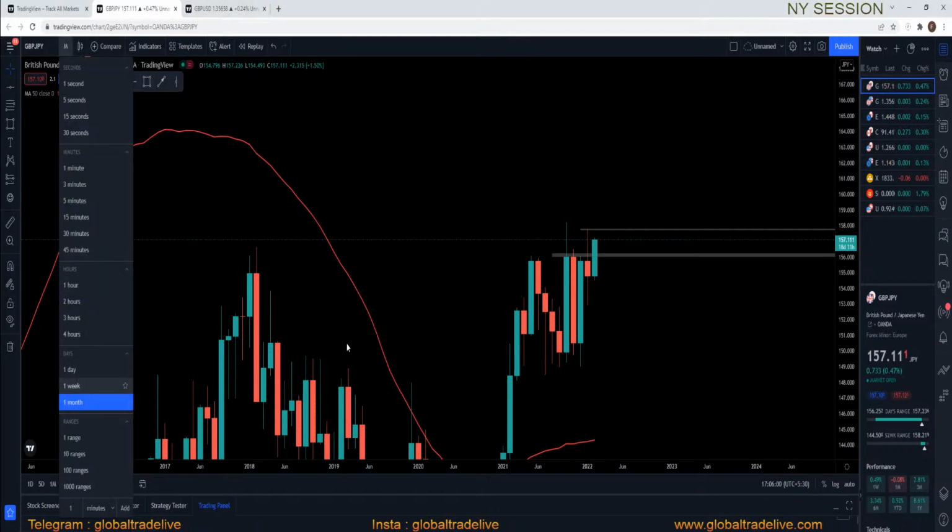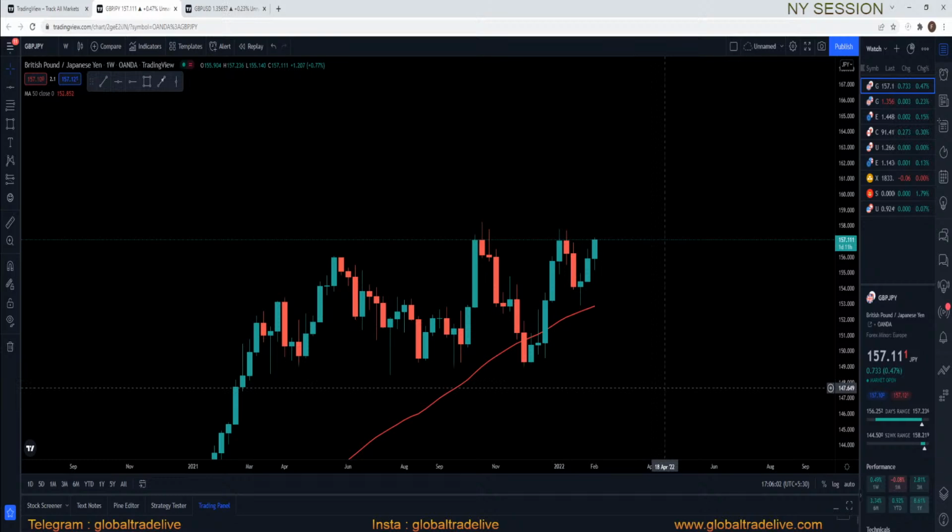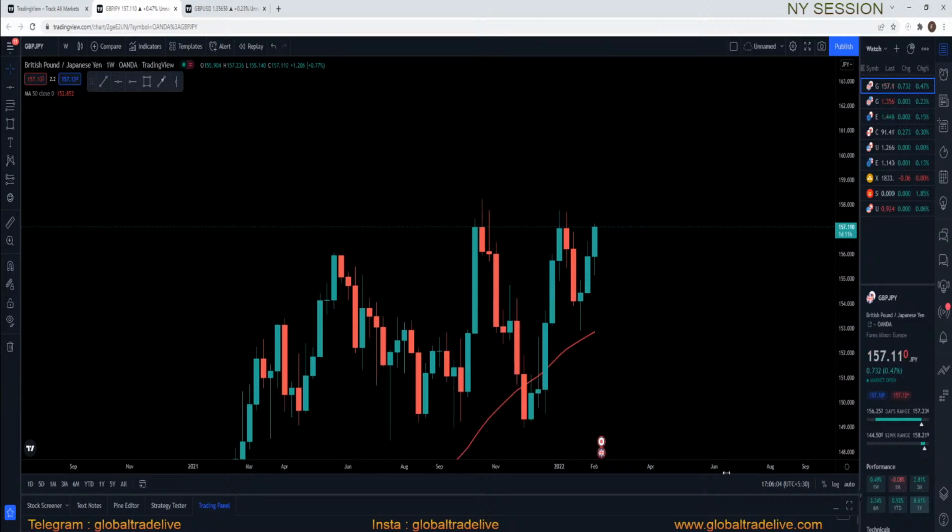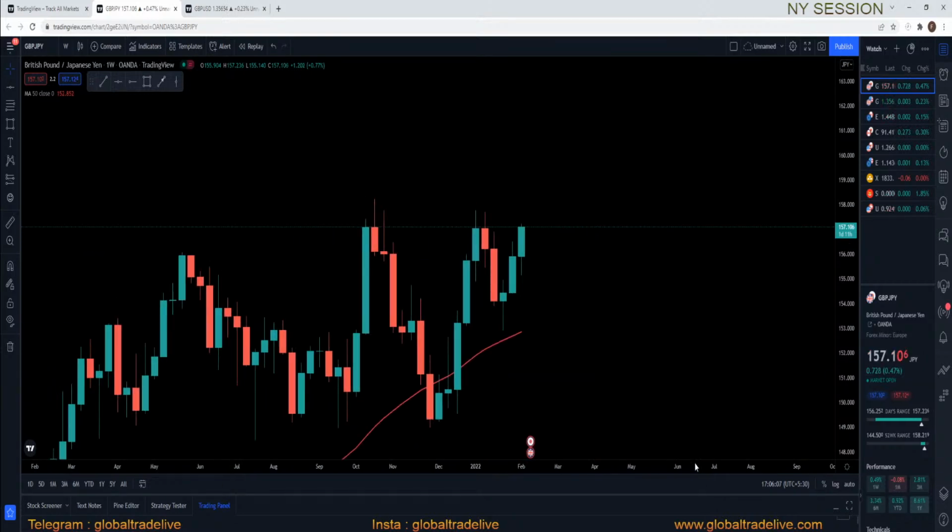Now let's move to the weekly and see what the weekly time frame is doing. The weekly is at the resistance zone, and this resistance zone is a very strong area because two times the market has reversed back from this zone, right?